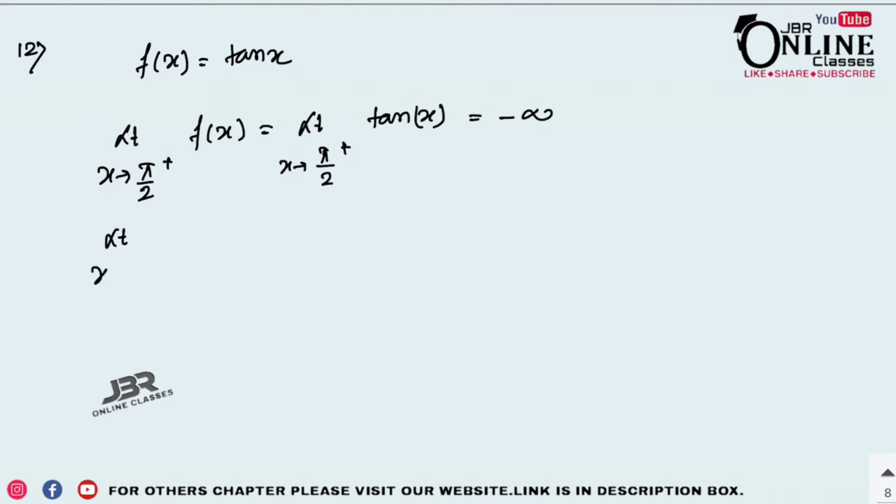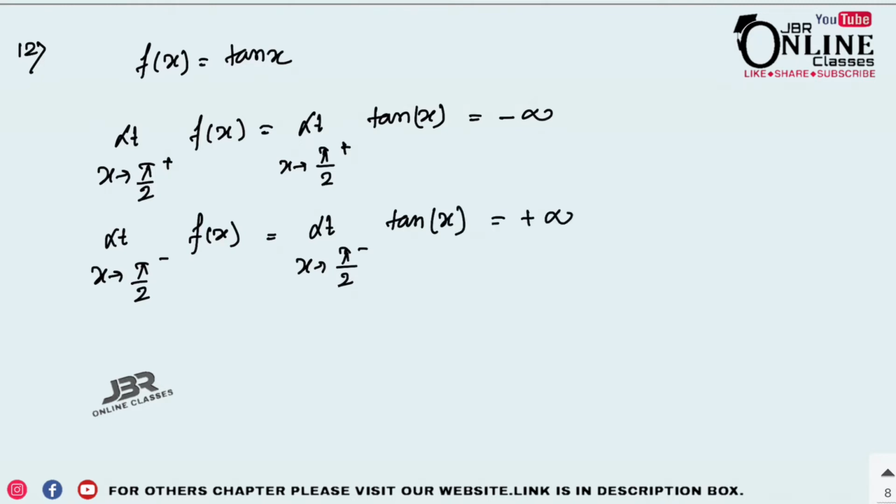Now for limit x tends to pi by 2 minus f(x), so limit x tends to pi by 2 minus tan x, and that one equals plus infinity. So that means here the right limit is not equal to the left limit. So f(x) is discontinuous at x equal to pi by 2.